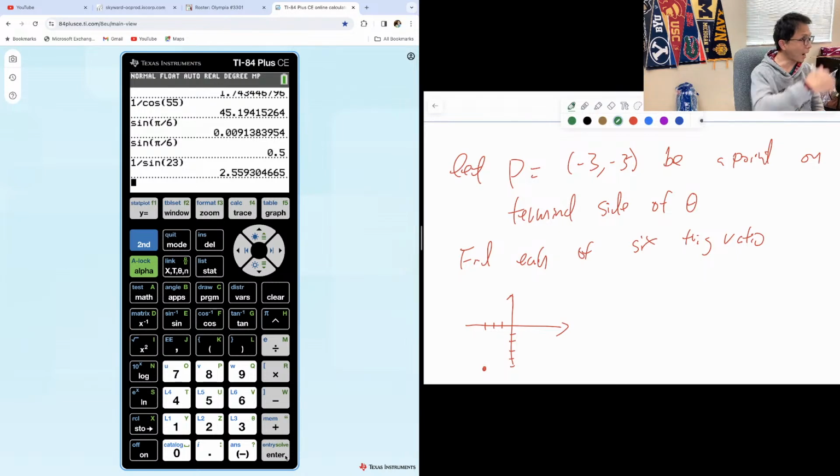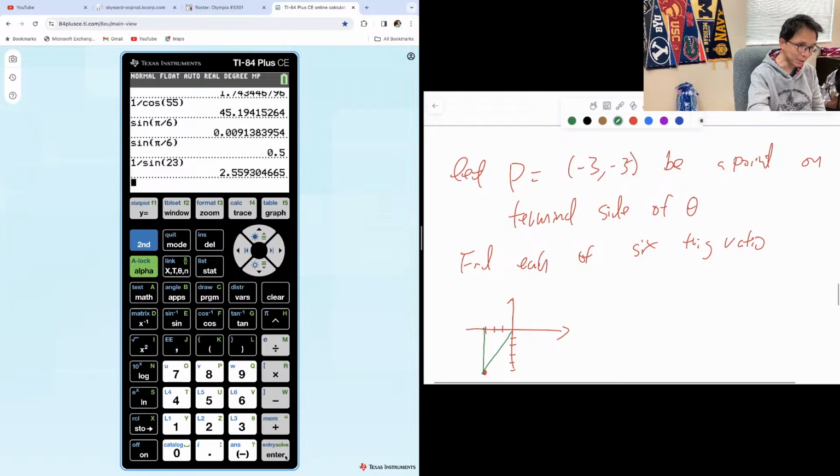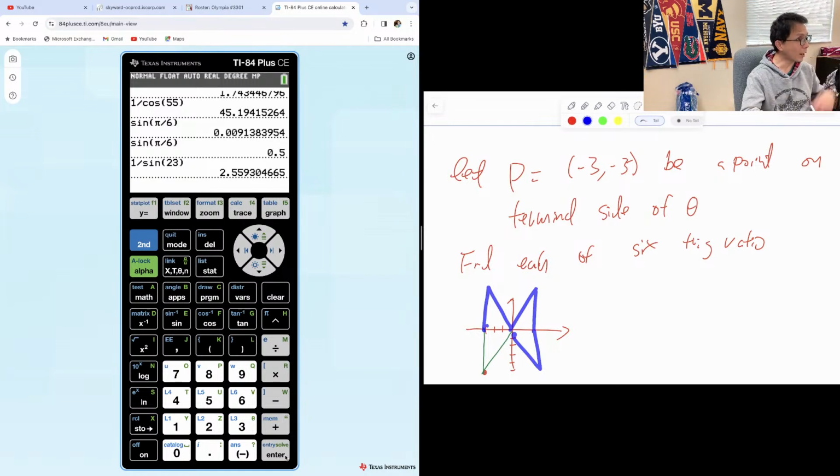So this is the bottom half of the wing. If you say bottom half, this is called a reference triangle. The reference triangle has to be in this format, either this way, this way, this way. It looks like a butterfly. Even one of the wings of the butterfly is good.